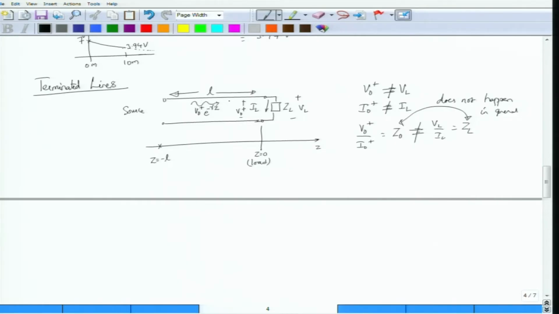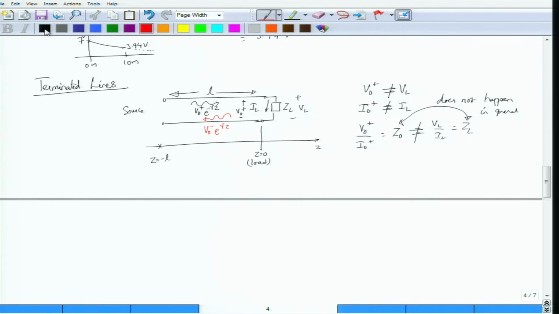Because of this scenario of termination with a load different from the characteristic impedance, there will be a reflected voltage wave with an amplitude of, say, V0 minus, propagating along the minus z direction. So, it would be V0 minus e to the power gamma z.